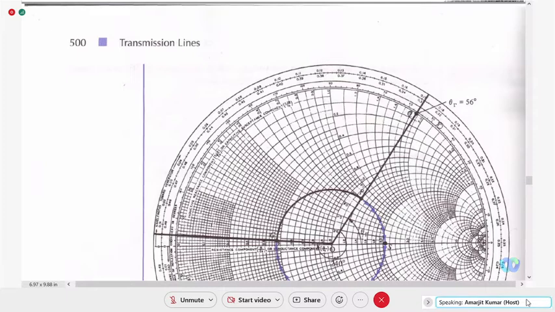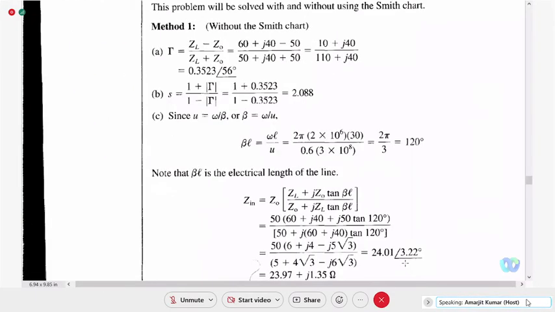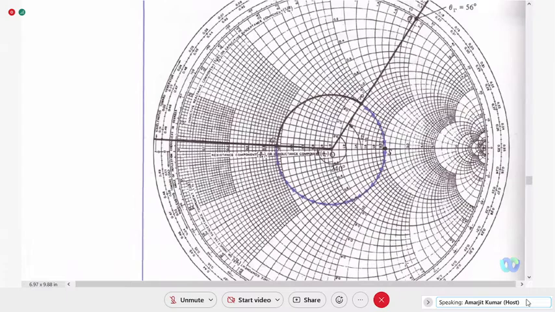So it is between 50 and 60 degree, and if you see closely, it is between 55 and 60. So 56 degree is the angle as per the Smith chart. Theoretically, using the formula, it is also 56 degree. Okay, good. So both are giving the same result for the angle.